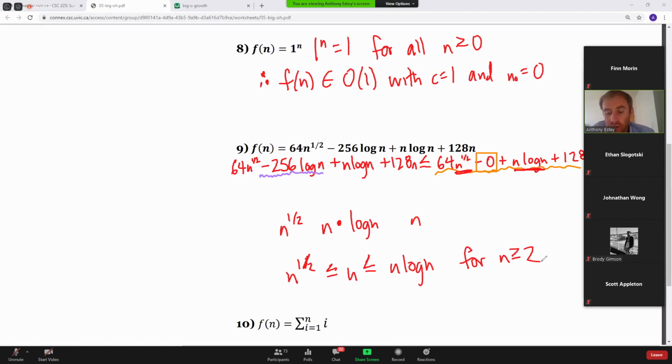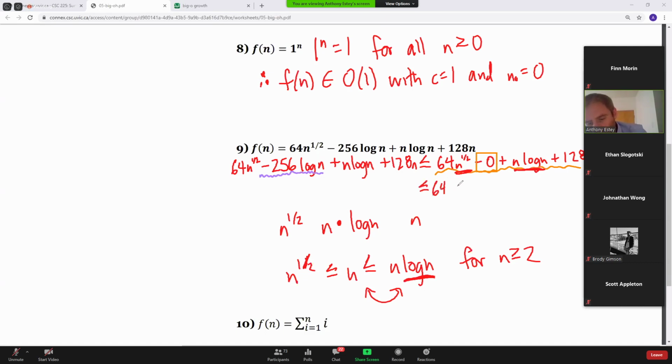As long as n is greater than 2, we're going to have it in this form, because when n is 1, this part of the expression would no longer be true. So again, the most dominant term here is n log n, as long as n is greater than or equal to 2.